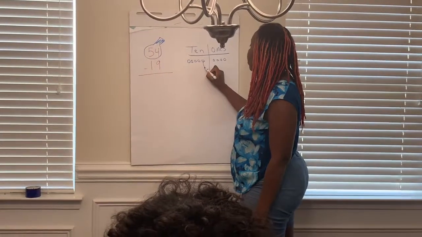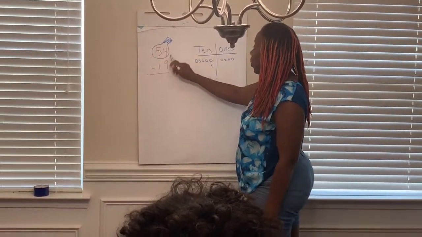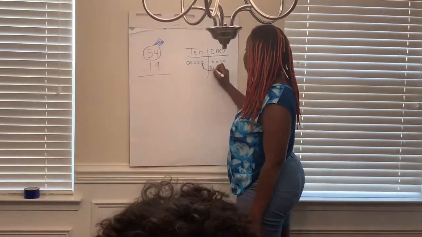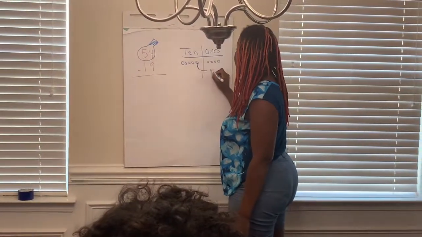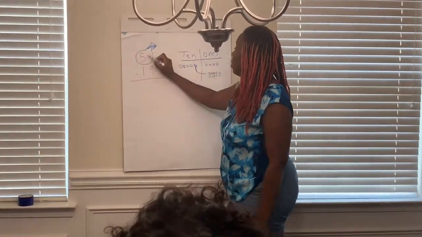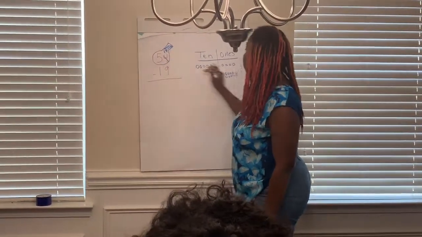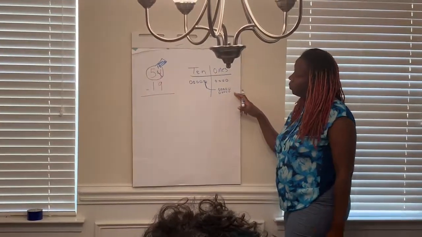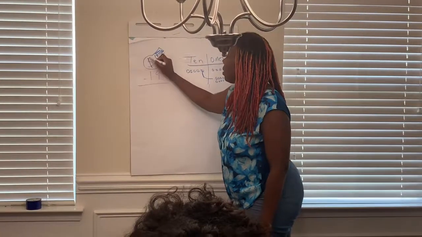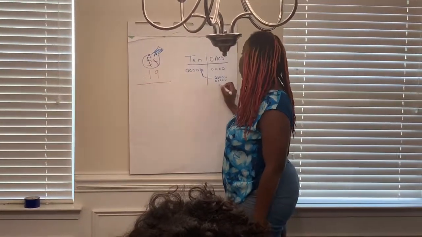Then I put, because it's 4, take away 9, we can't take it away, so I move 10 over. 1, 2, 3, 4, 5, 6, 7, 8, 9, 10. I changed the 4 into a 14 because that's now how many ones we have. And the 5 is going to change into a 4.